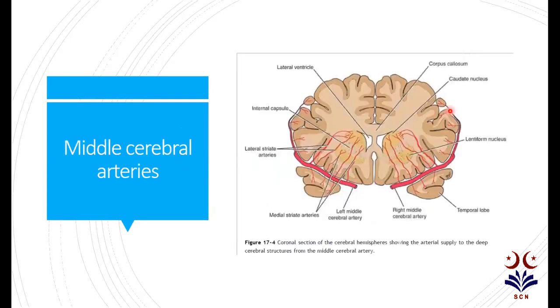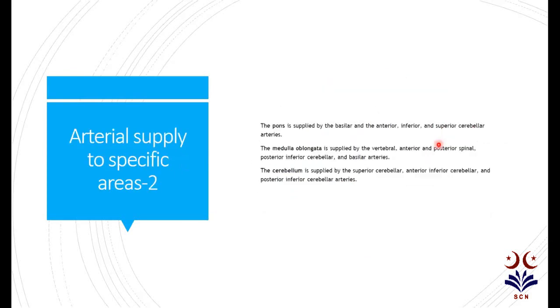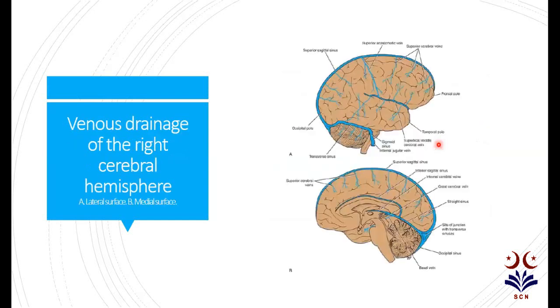This is the middle cerebral artery, giving the medial and lateral striate arteries, which are responsible for supplying the basal nuclei and the internal capsule. Then the pons, medulla, cerebellum and midbrain. I told you already in separate lectures, and again today. These are the previous knowledge from head and neck, which I repeated even.